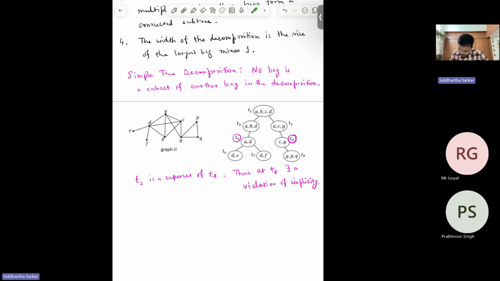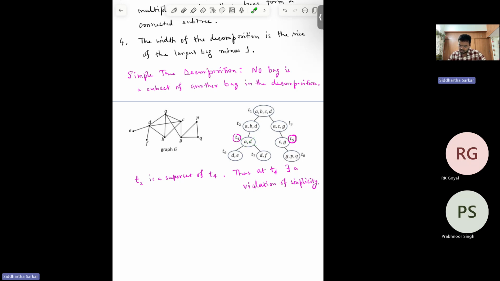So by similar arguments, that is also a violation. But first, fix one violation at a time. What is the meaning of fixing? The meaning of fixing is that you drop the smaller bag and make the two children of the smaller bag children of the larger bag. So these two get merged in some sense, and you drop the smaller bag.